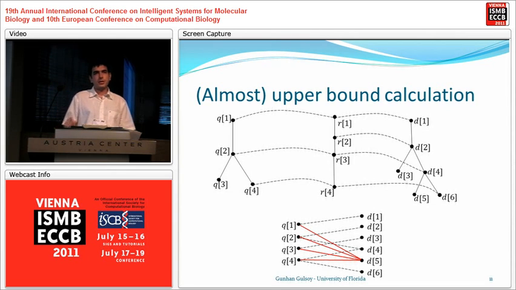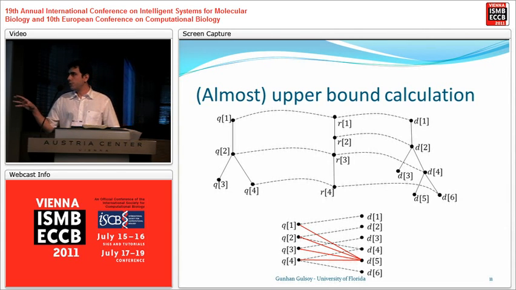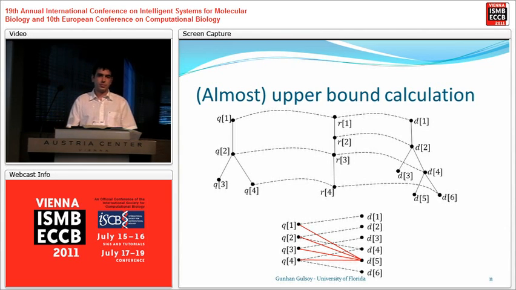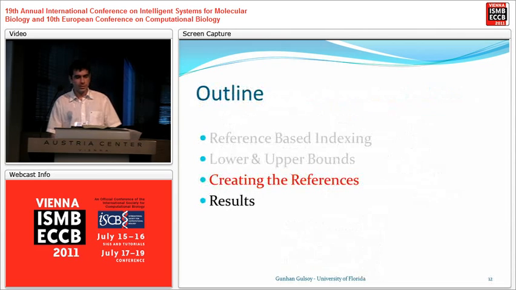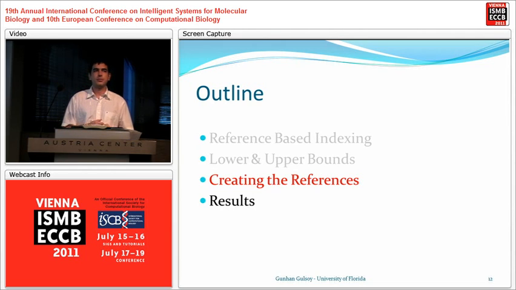This is the bipartite graph we need to construct, and the upper bound we want to calculate is the result of maximum weighted bipartite matching over this bipartite graph. So that is how we calculate our lower and upper bounds. Let me move to the next section of my presentation to explain how we create the set of references for our method.